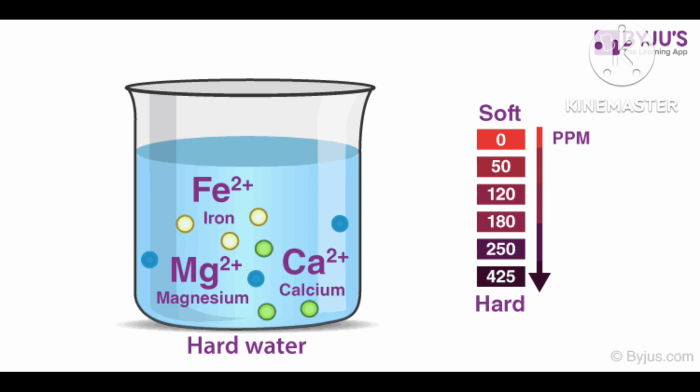It is called exchange resin because one by one you will use them, because you have to remove cation and anion both. Means sulfate and chloride you have to remove, and calcium and magnesium also you have to remove.